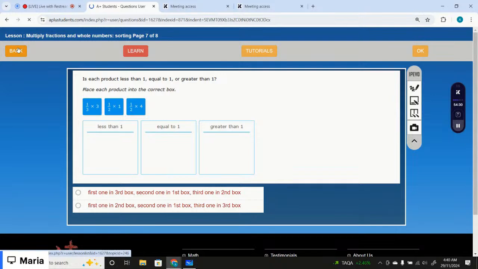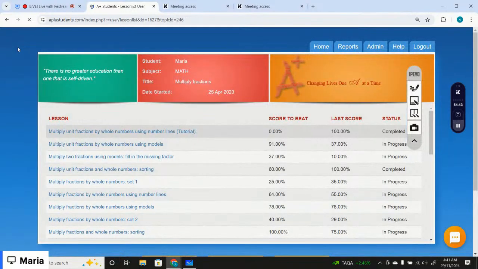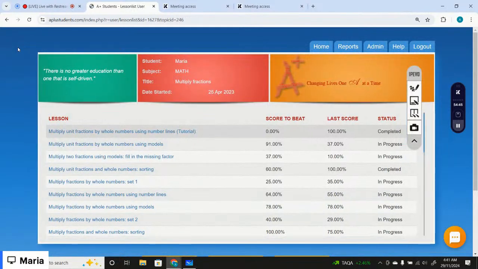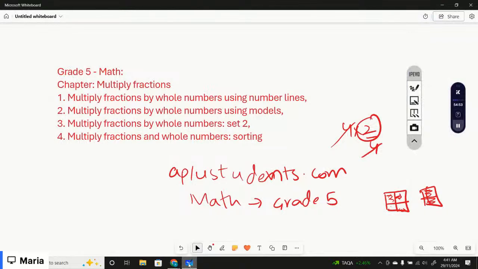The lessons we have covered today are multiply fractions by whole numbers using number lines, multiply fractions by whole numbers using models, multiply fractions by whole numbers set 2, and multiply fractions and whole numbers sorting.